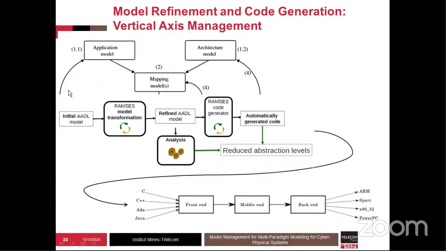So at our school, we also work on a tool called Ramses, which is a code generator. We start with these deployed models of the software and hardware, and automatically we generate a big portion of the code. And then we go back to this compilation chain.